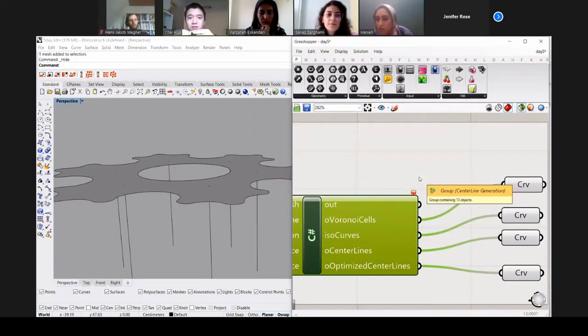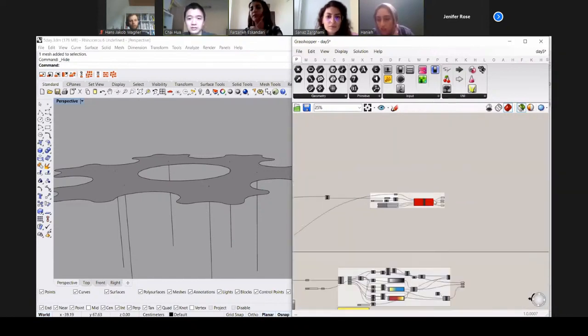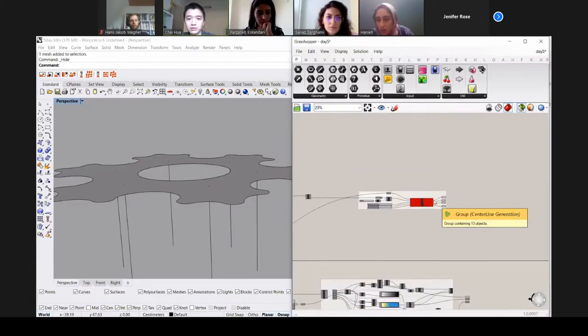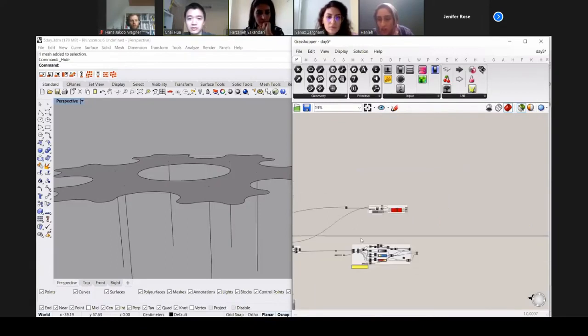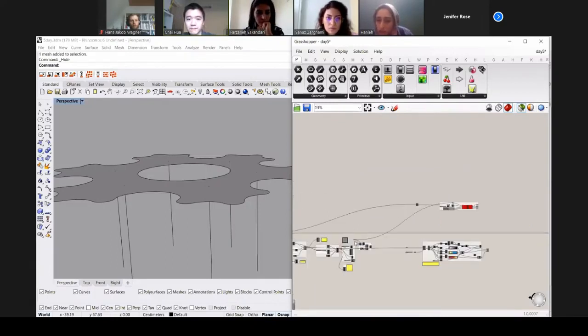I think her columns position may be wrong. Columns are exactly on the surface. I tried it. No, you just need to check the first two inputs of this component if they are intersected.